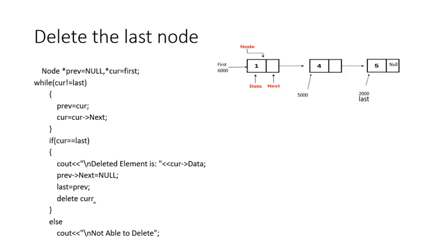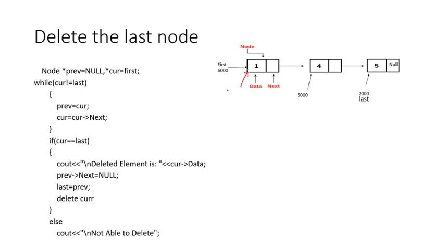Now if we want to perform the deletion of a node which is at the end, here we have used the concept of two pointers. One is the prev pointer, which is initialized to null, and the current pointer, which is pointing to the first node.